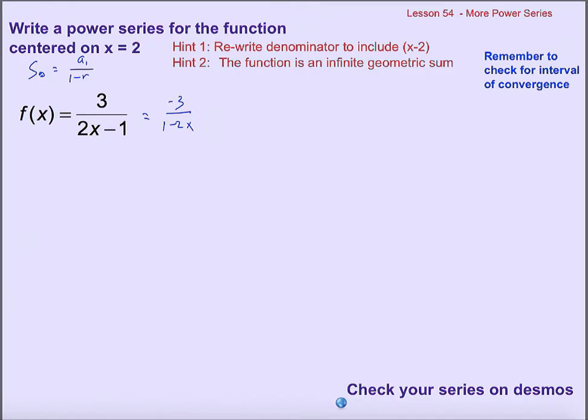And so we could think of that as a series with an a1 of negative 3 and an r of 2x. And so that would be the sum of negative 3 times 2x to the nth power, starting when there's no 2x and going on forever.